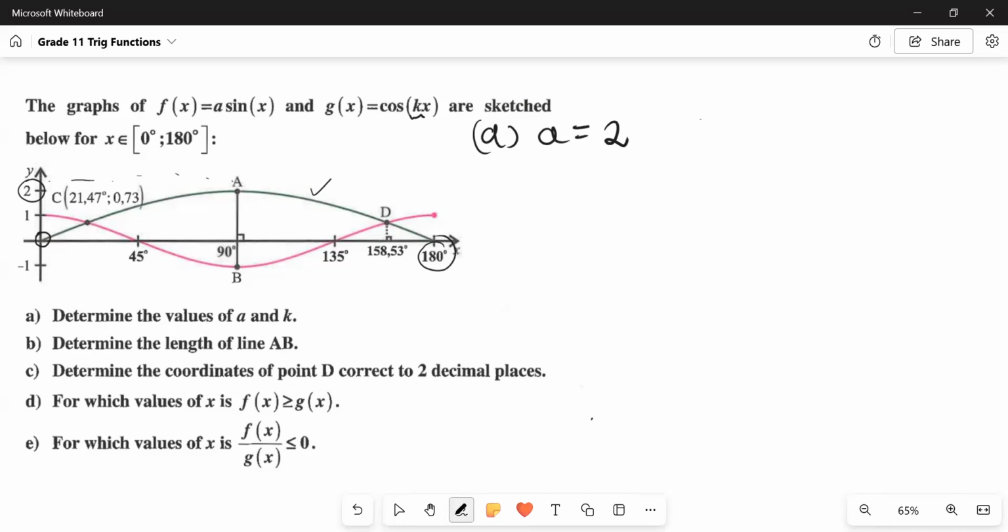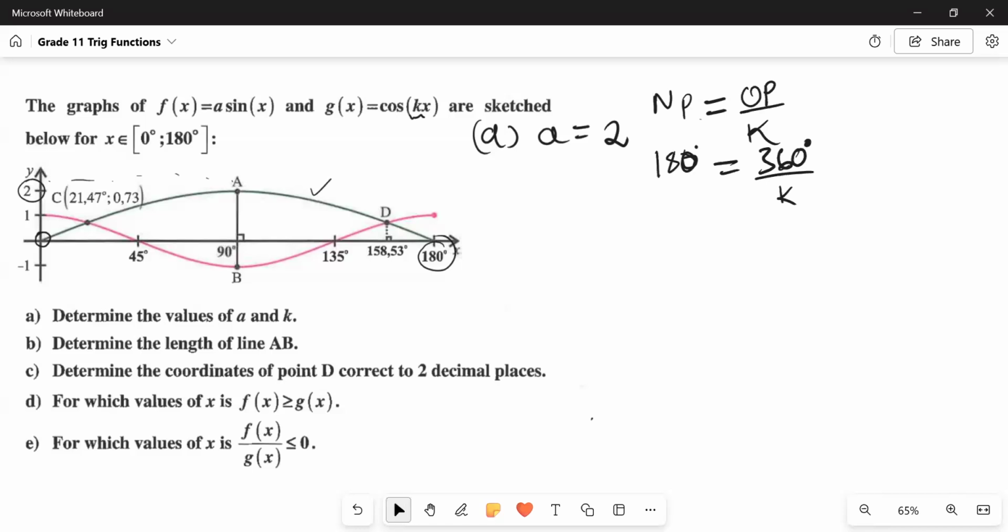So we use the formula: new period equals the original period divided by k. So what is our new period? You have 180 degrees equals the original period, that's our 360, divided by k.